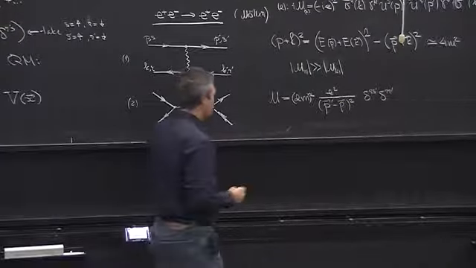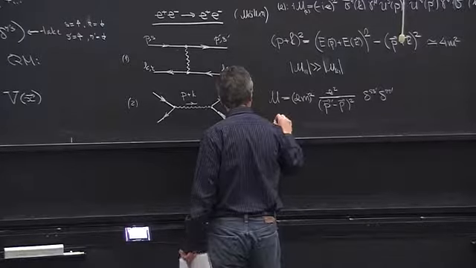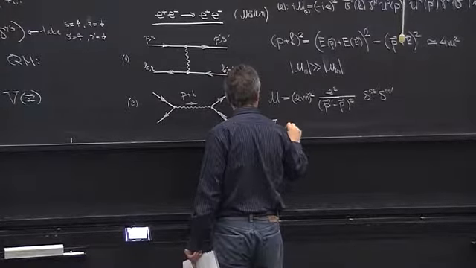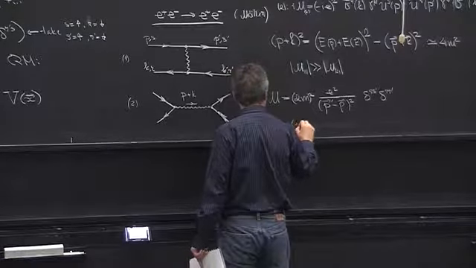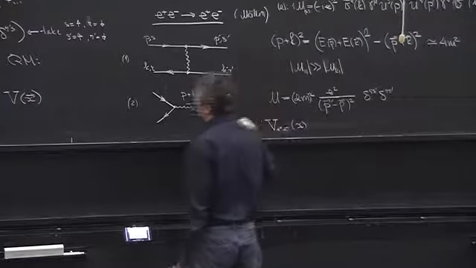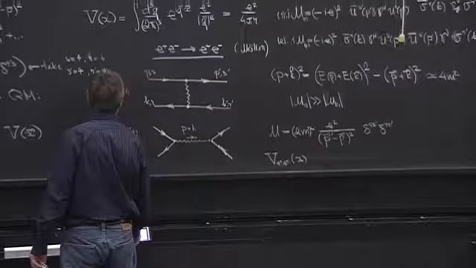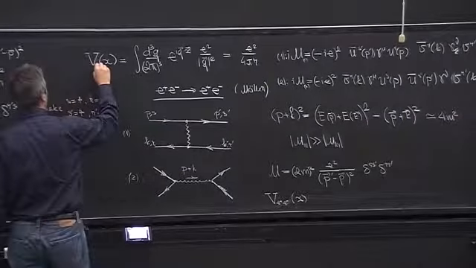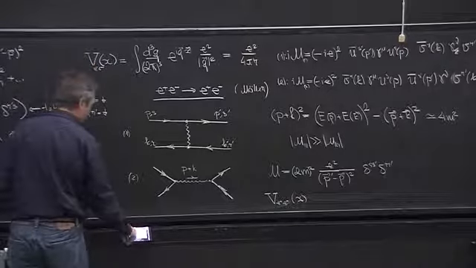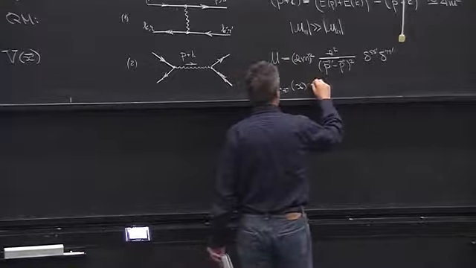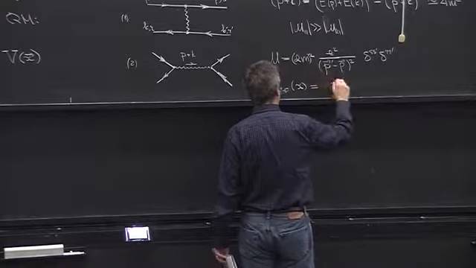So if we compare with the Born formula, we conclude that for e plus and e minus, the potential differs from the case where we have electrons by a sign.